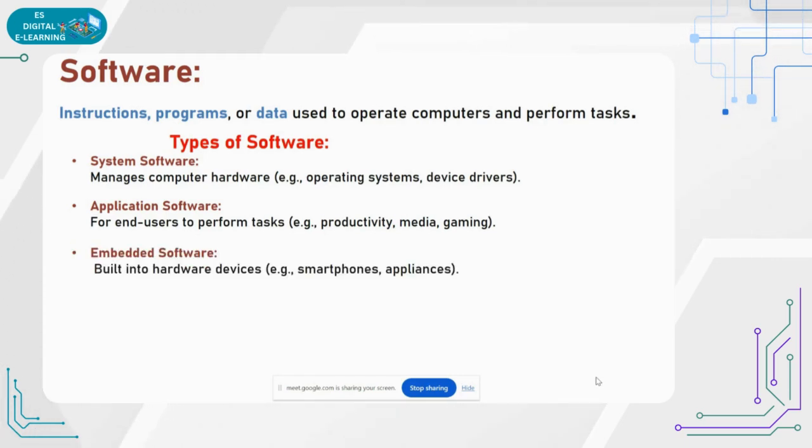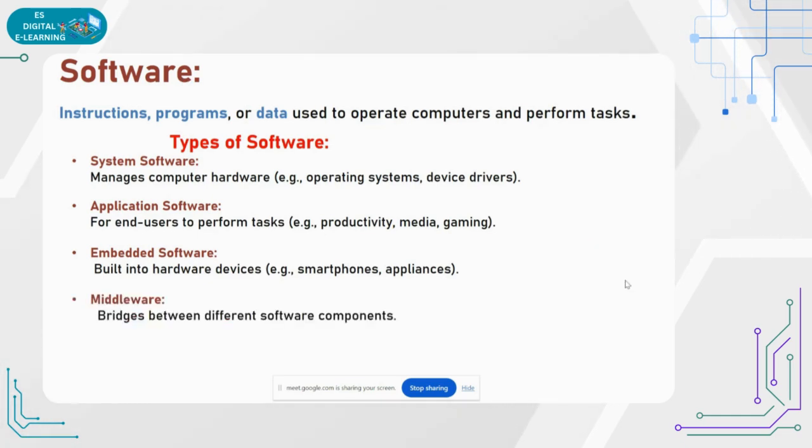Embedded software is found in things like mobiles or appliances like washing machines and DVD players. Some applications require the OS and the application in combination with the hardware. And middleware is a bridge between the hardware and software components.